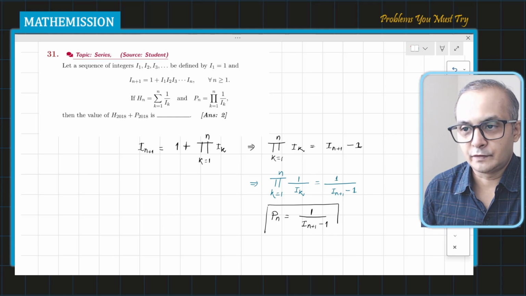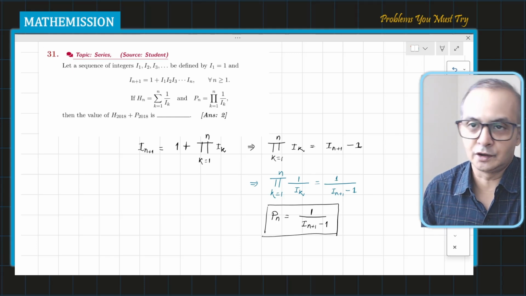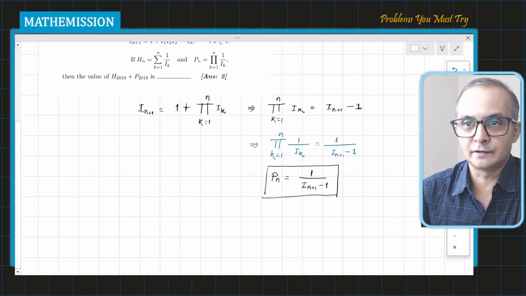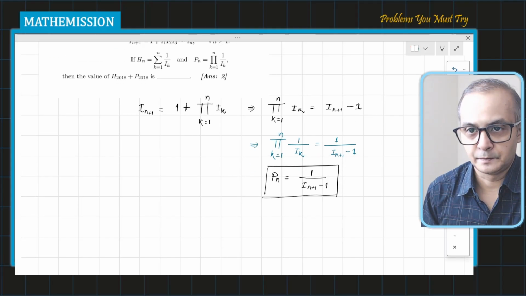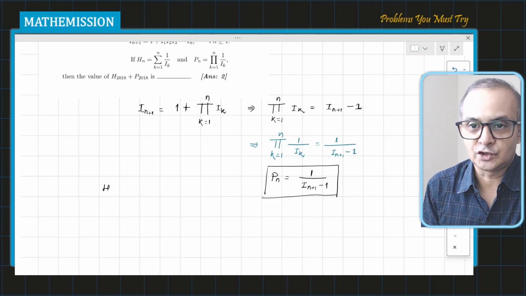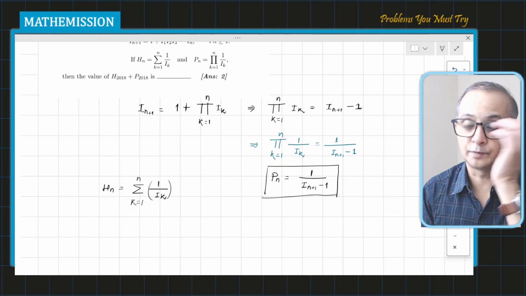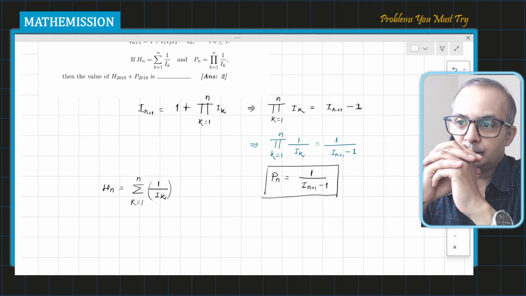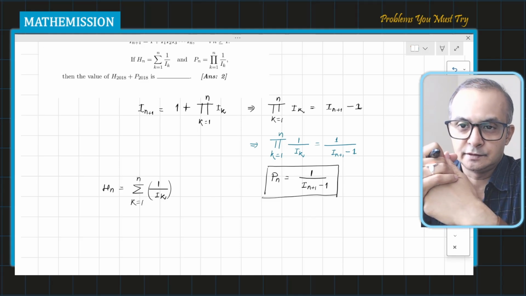Now the whole drama we have to execute is on Hn, and how do we determine the value of Hn? That's the important point. Hn is the summation, k goes from 1 to n, of 1 by Ik. Notice this is not the product, this is the sum.